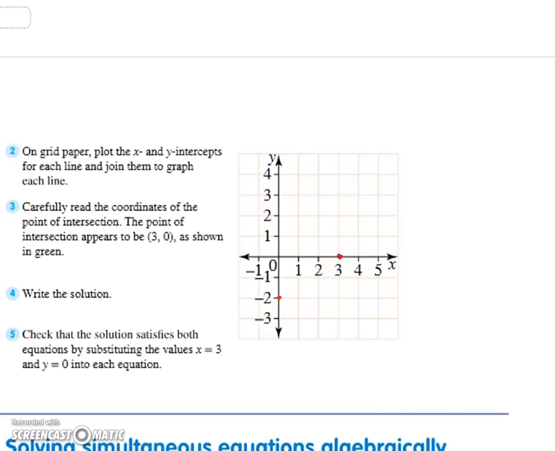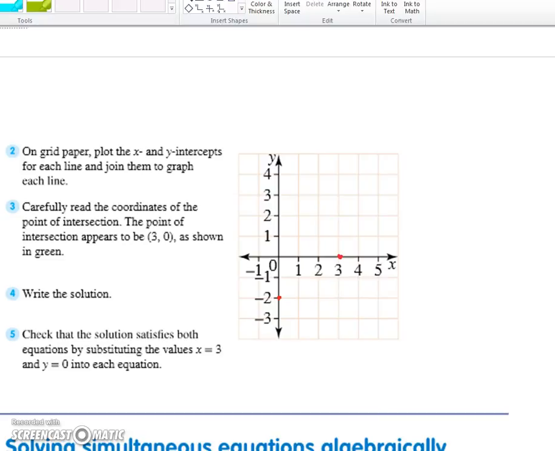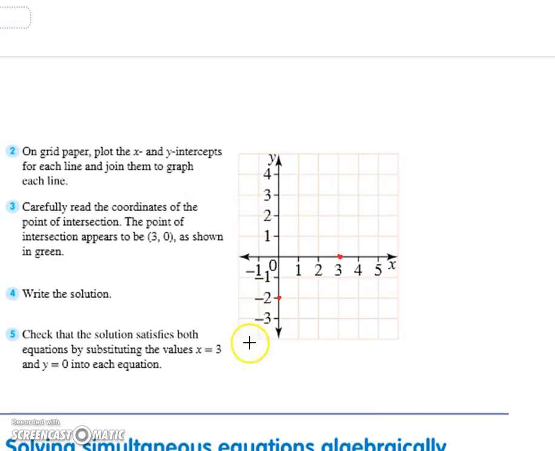You'll notice both of them are on the axes. That's why we did it. It's nice and easy: we have an x value, we have a y value, we just substitute in and find them. Then we can draw this line on there. Remember, it is a line, it goes on forever.